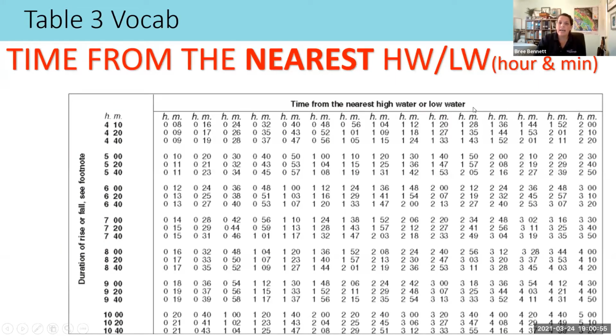Then we have time to the nearest high water or low water. That's going to be on this side of the chart here. So this is what is nearest. If we have a tide at 8 o'clock and a tide at noon, and we're looking for the tide at 9, which tide is nearest to us?